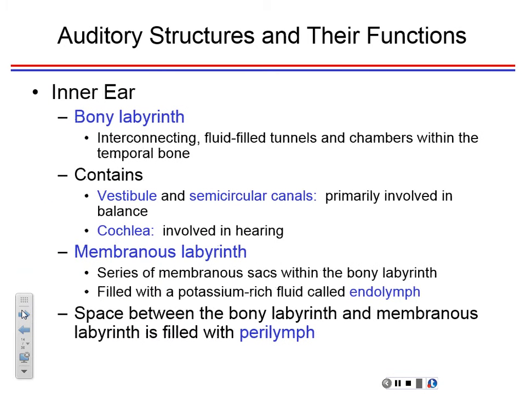Now we move on to the inner ear. The external ear is pretty much just the auricle and the external acoustic meatus, and the tympanic membrane is the end of the external ear. The middle ear is the bony space in the temporal bone, plus the auditory ossicles.